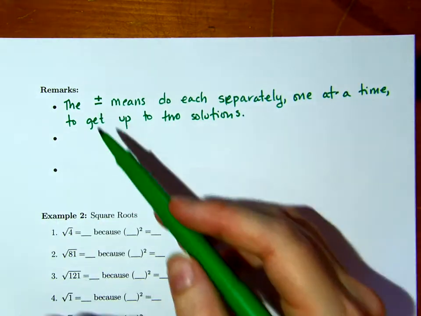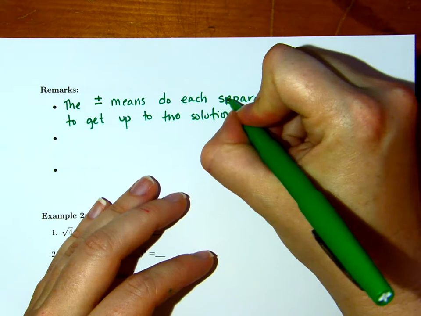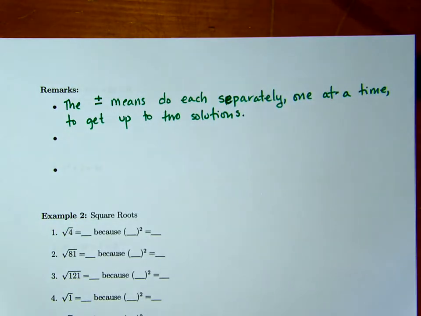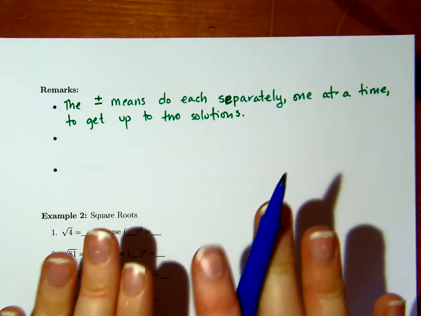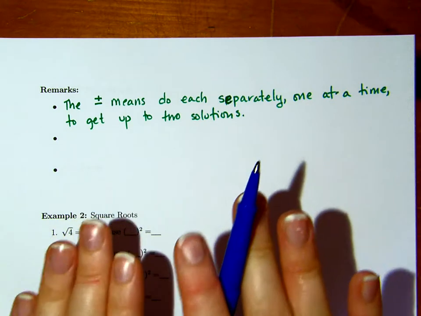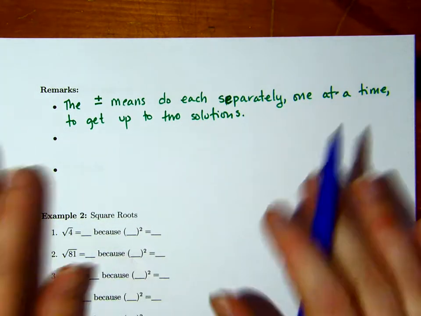If you're adding some amount and you're taking away some amount, then you're going to get 2 different values. For instance, if we have 5 and we add 2, we get 7. But if we had 5 and we took away 2, we would get 3. So adding and subtracting means you do one at a time, and you get two different outcomes, because adding an amount and subtracting an amount are two different things.